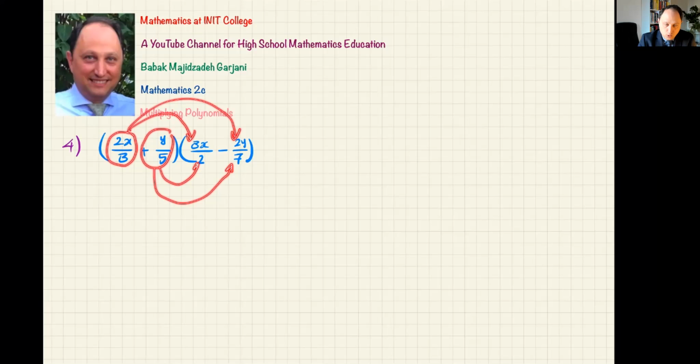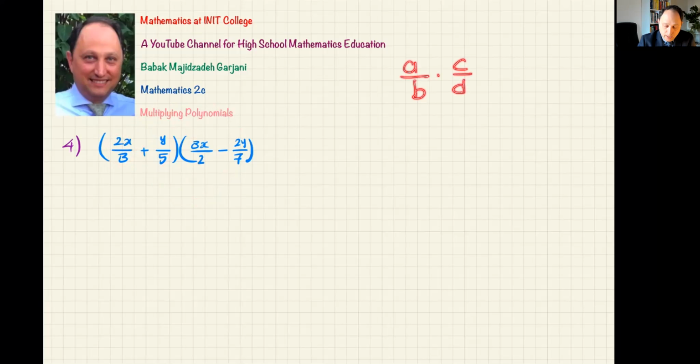Okay, and then hopefully you remember from Math 1C that if I have two fractions, a over b and c over d, if I want to multiply these two, in principle, I multiply the numerators, I multiply the denominators, but I don't want you to do this all the time. Remember that there are two ways of simplification possible.